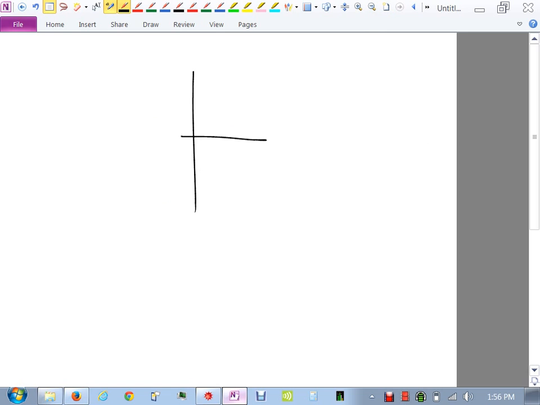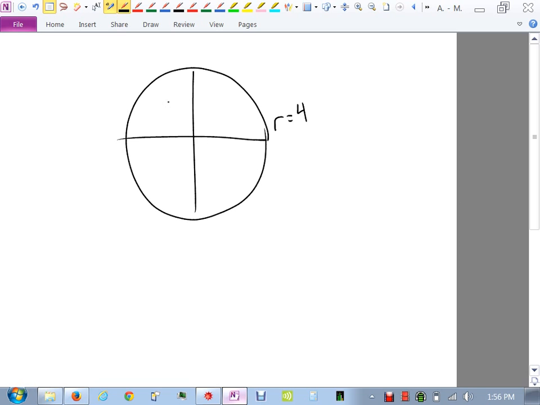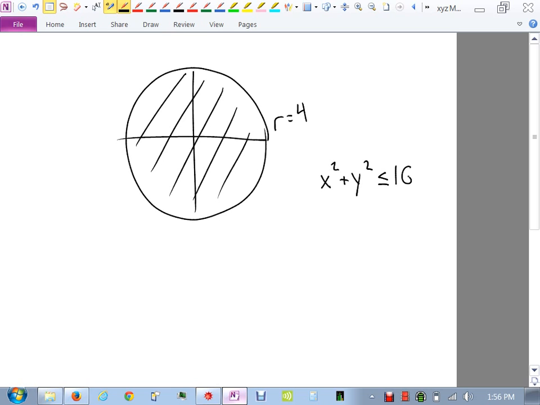What if I wanted to do a circle in two-dimensional space, radius is 4, and I want everything inside of it? So we know r squared is 16, so I need my x squared plus y squared to be less than or equal to 16. So let's just pick some points on here.